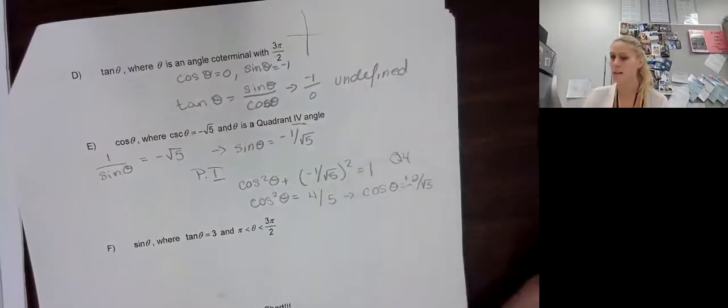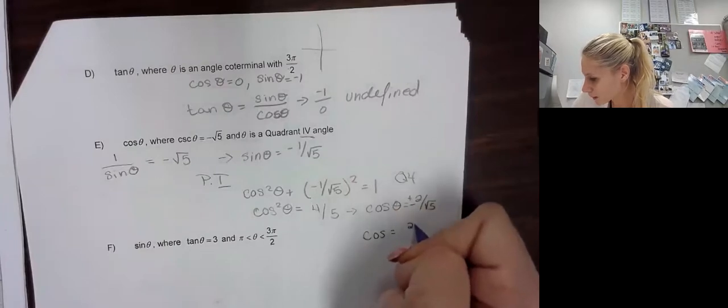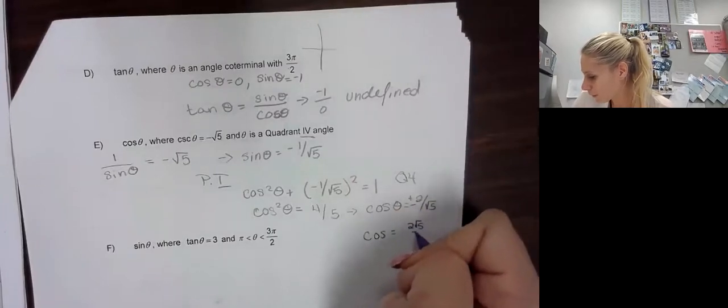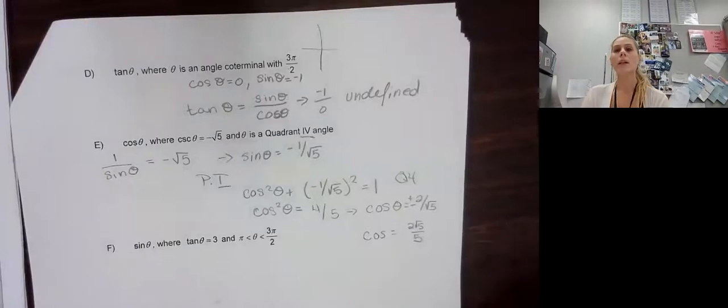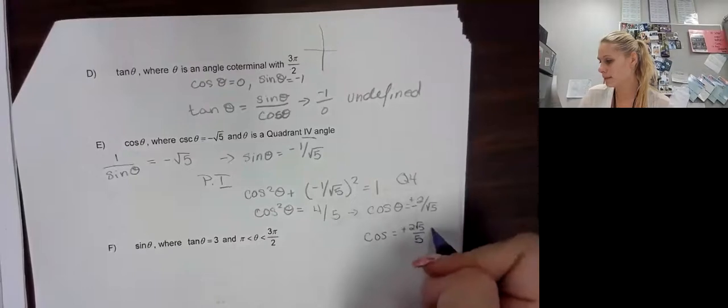So we get cosine theta equals the square root of 4 is 2. The square root of 5 is still the square root of 5. But again, we want to rationalize this. And at this point, it's positive or negative until we figure out what quadrant. So when I rationalize it, I get that cosine theta equals 2 square root of 5 over 5. And since we're in the 4th quadrant, cosine is positive.